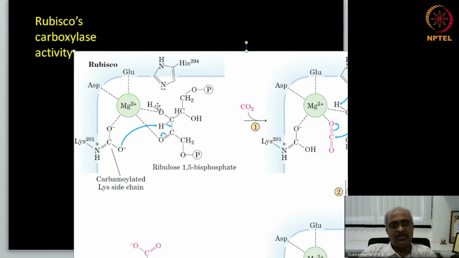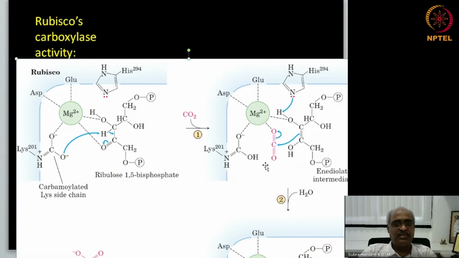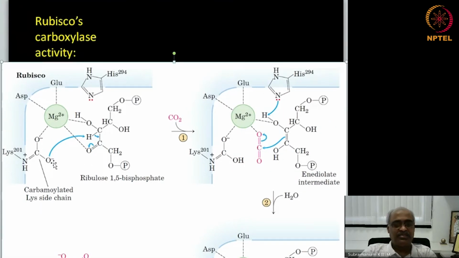So you have one hydroxyl group here and another hydroxyl group that's going to form here, and a double bond here, a typical enediol structure. So that is what you are seeing here. So the abstracted proton is here, one, and then here you have the other one, and you have the double bond. So this is the enediol intermediate.